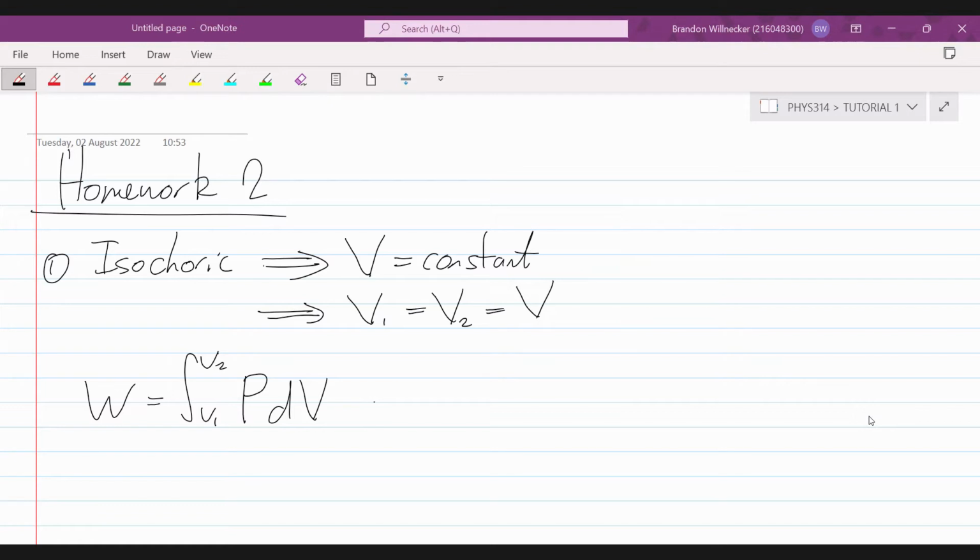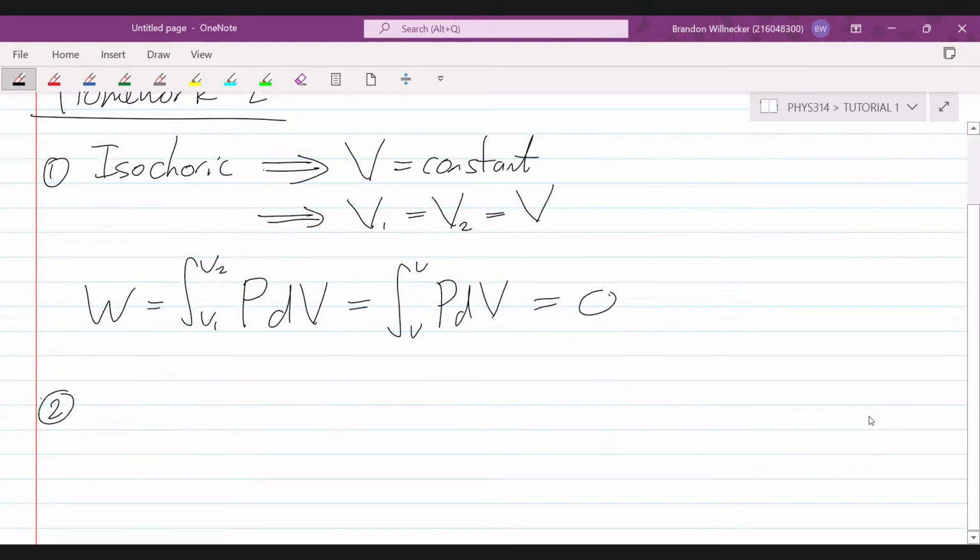This is equal to the integral from V to V of P dV, because it's isochoric. The lower bound and the upper bound are the same, so this just gives us 0. Okay, so the work done in an isochoric process is going to be 0. The second question was isobaric.